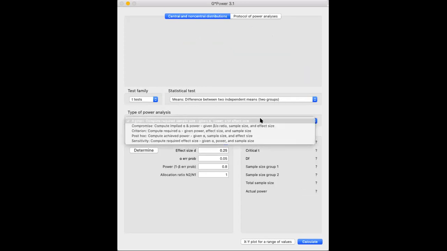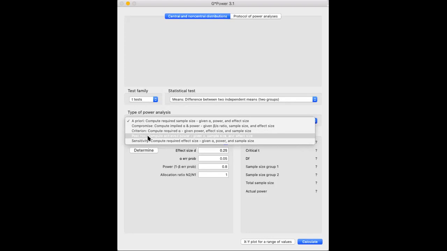We can also do post hoc analysis, right? There's a post hoc option saying computing achieved power. Now, sometimes we read a study that reported a certain sample size and the effect size, and we want to know how likely that study is going to replicate if we are going to do the study.